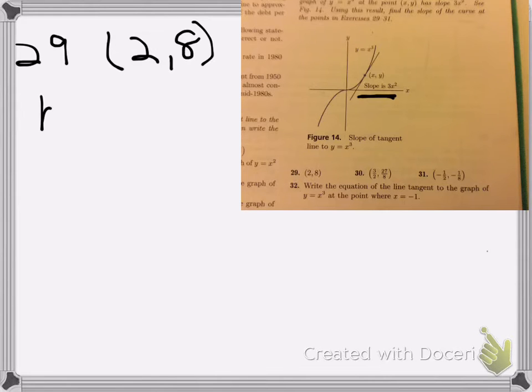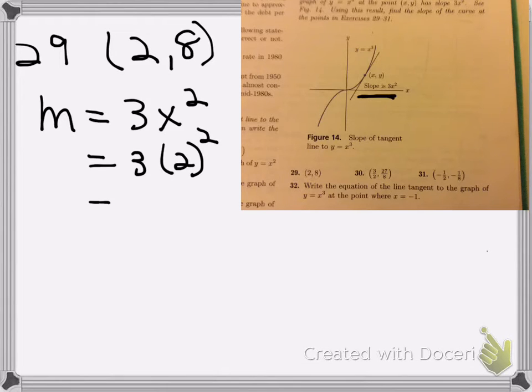My slope is going to equal 3x squared, and if my x value is 2, then I put 2 in there, and that's going to be 12. So my slope for 29 will be 12.